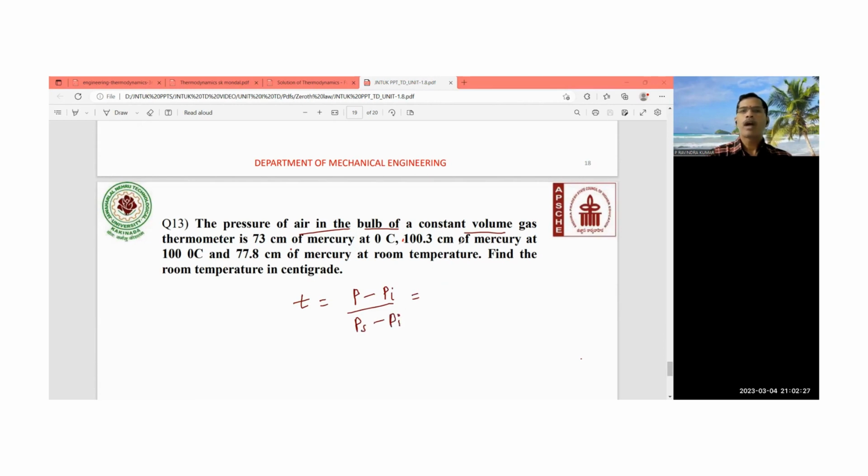A constant volume gas thermometer reads 73 centimeters of mercury at 0 degree centigrade, 100.3 centimeters of mercury at 100 degree centigrade, and 77.8 centimeters of mercury at room temperature. So 77.8 at room temperature minus the ice point, 73, divided by the steam point, 100.3 minus 73, and you can find the room temperature in degree centigrade. So directly after solving this numerical problem, you can get the answer.